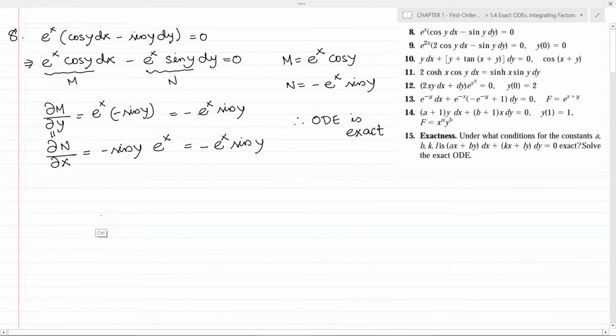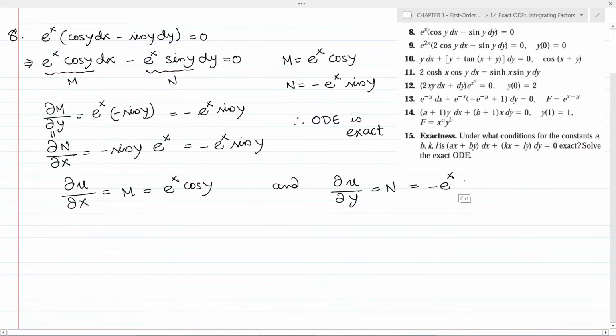Now we have to find a u such that del u by del x equal to M, which is equal to e to the power x cos y, and for the same value of u, del u by del y will be equal to N, which is equal to minus e to the power x sin y.